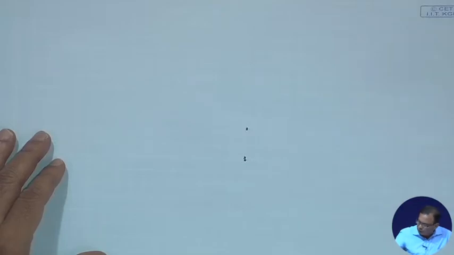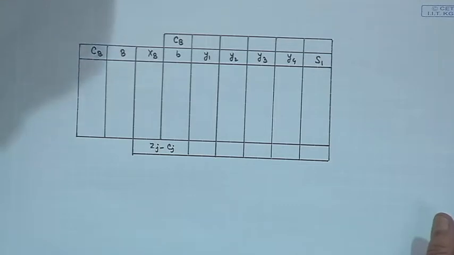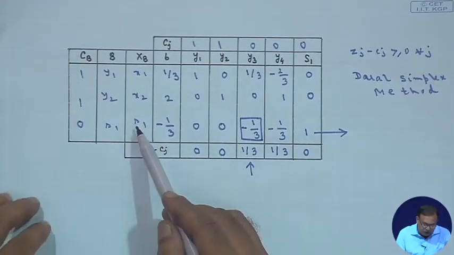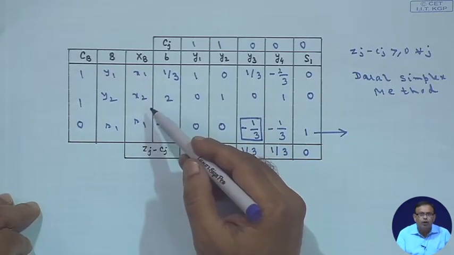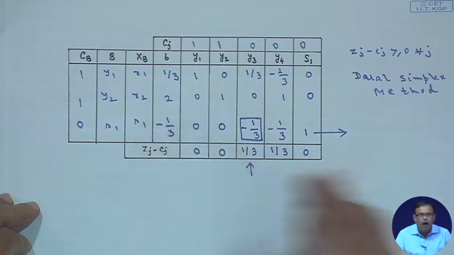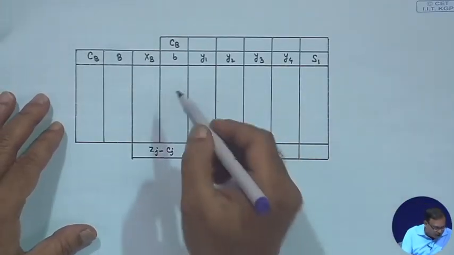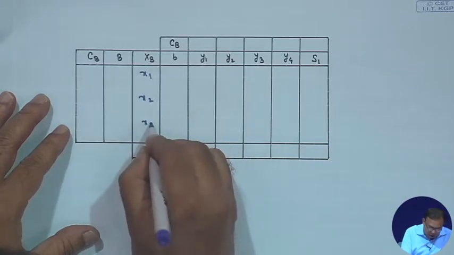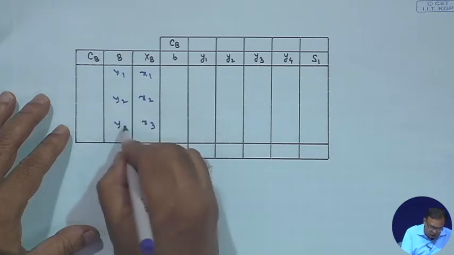So, if I take the next table, your S1 will be replaced by X3. So, in the basis for the next table you will have X1, X2 and X3. So, let us write down these three, X1, X2 and X3. This will be Y1, Y2 and Y3.